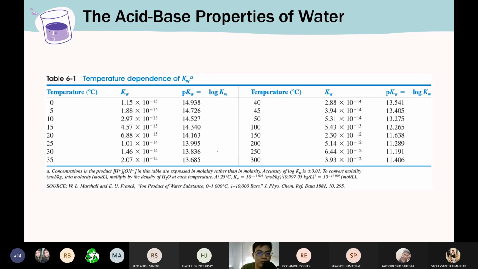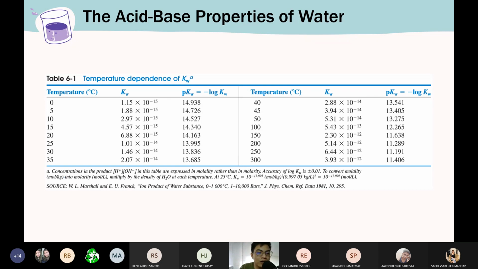Because the K value changes. Okay? So for water, its ion product also changes. Okay? So you can see here at different temperature, the Kw increases, no? So nag-i-increase siya.